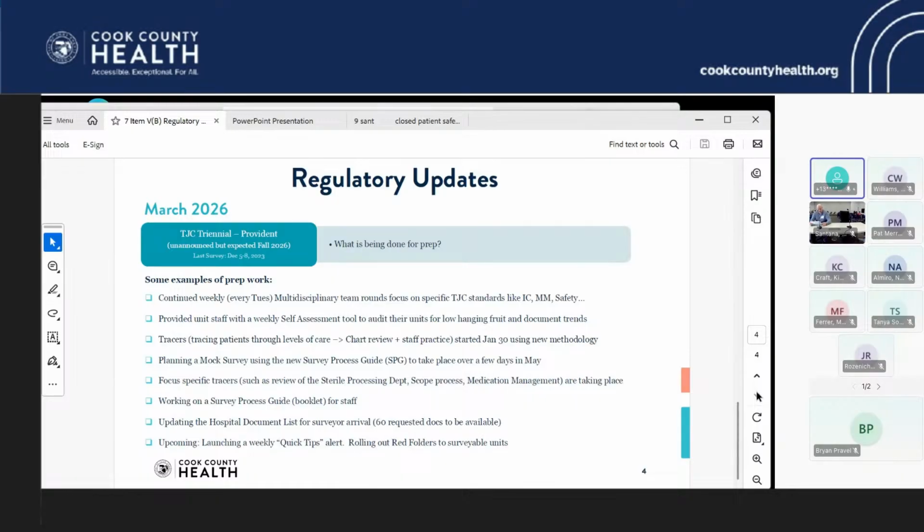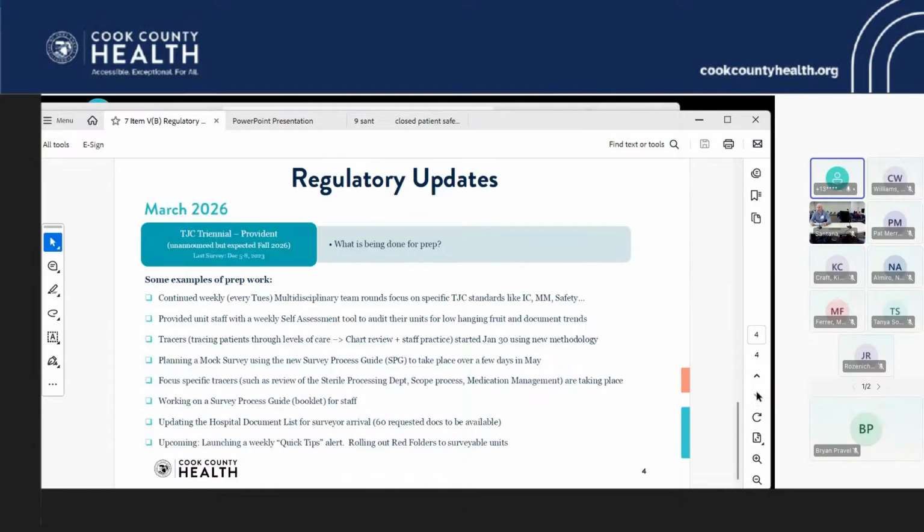And then a couple other things down here at the bottom. This is older information. We did launch earlier this week a quick tips, which is a weekly alert on regulatory things to give staff some information, obviously get them thinking about the survey, and rolling out next week. Plan is on Tuesday the 24th, something I call red folders, which is literally a red folder, a color choice that stands out, and it's a go-to guide for the units, loaded with some information.